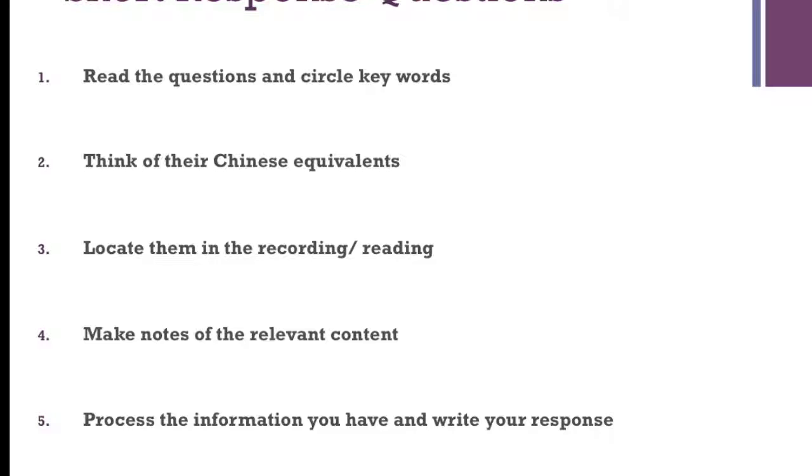Secondly, think of their Chinese equivalents, and thirdly, locate them in the recording or in the reading text. Fourthly, make notes of the relevant content, then process the information you have and write your responses. Last but not least, check whether your answers are logical and make sense.